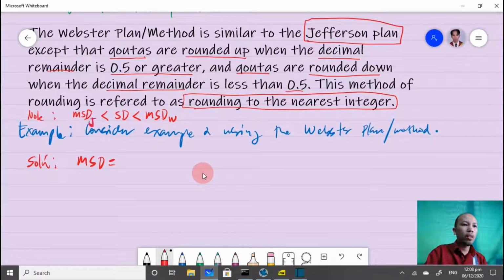Okay, so please remember this inequality. When you are using the Jefferson plan, it must be less than the standard divisor. But if you are using the Webster plan, the modified standard divisor must be greater than the standard divisor.